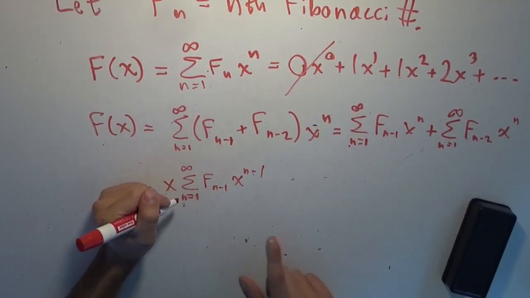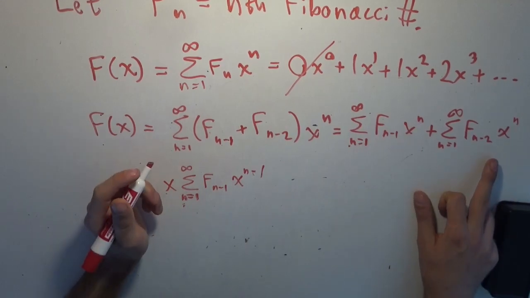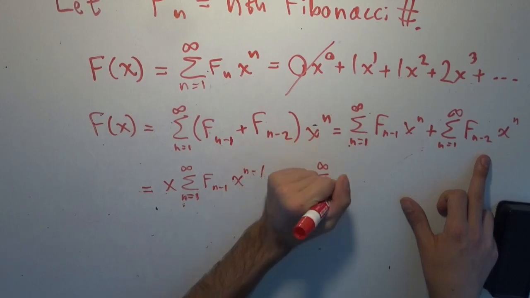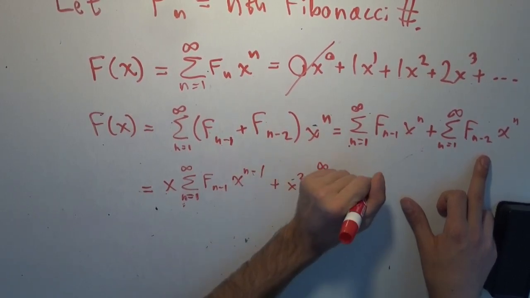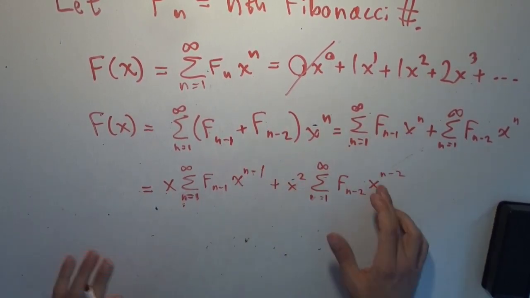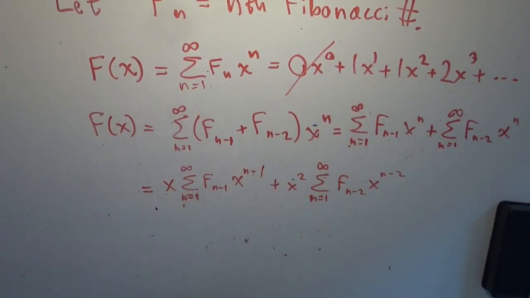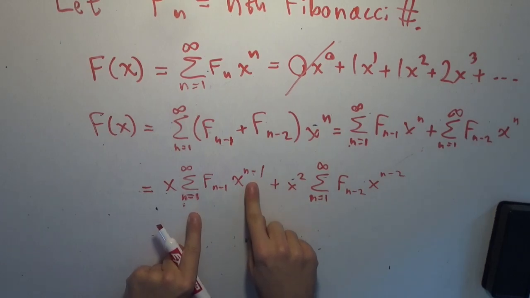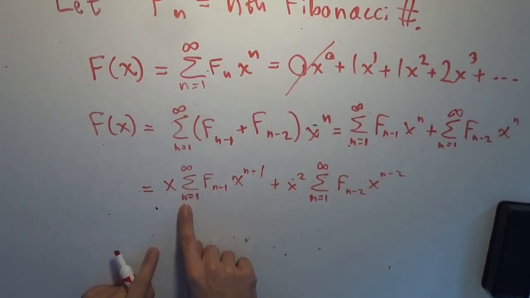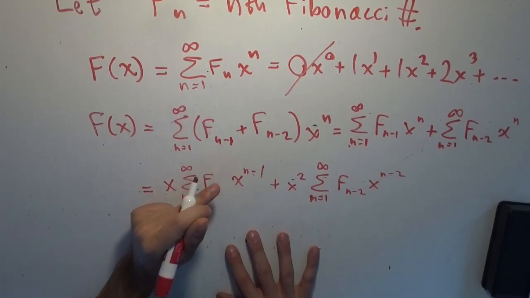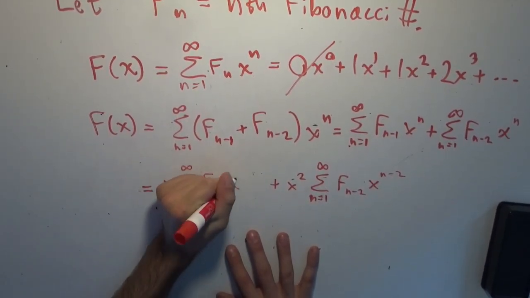And so this is good. And we're going to factor out x squared from this: the sum from n equals 1 to infinity of f sub n minus 2 times x to the n minus 2. So the indices are the same now, or the powers, the n's that appear are the same number. What we're going to do is add 1 to both of these n's, which means the index has to go down by 1. And so we start at 0, and we get f sub n times x to the n.